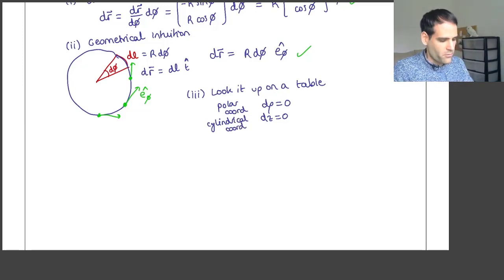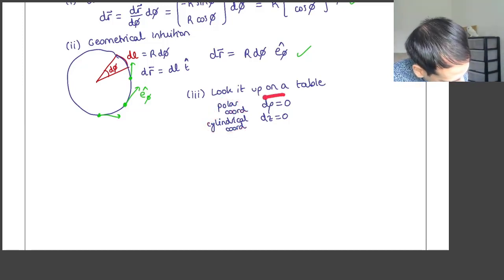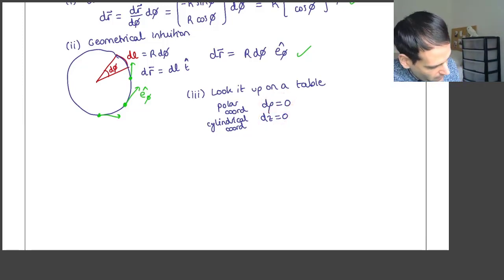Polar coordinates is the same thing as cylindrical coordinates when z equals 0. We don't change the radius, we don't change the z value, we only change our angle phi.